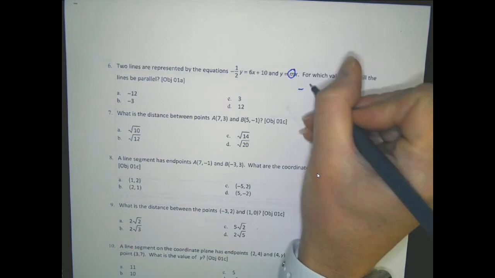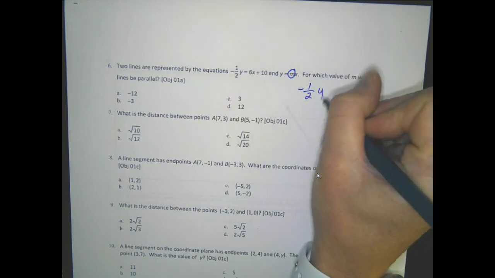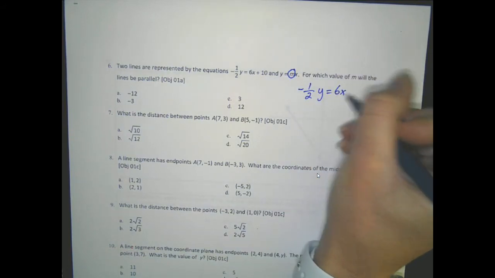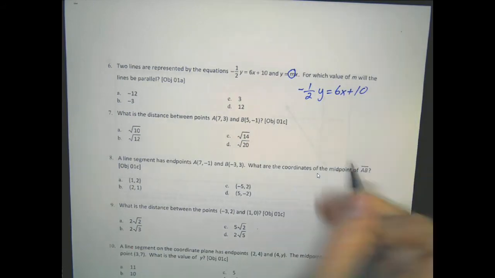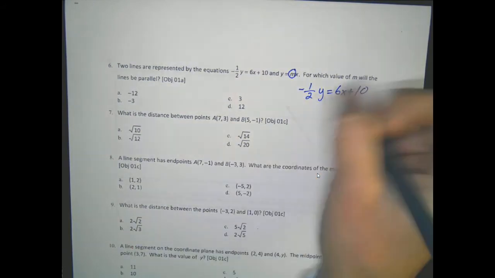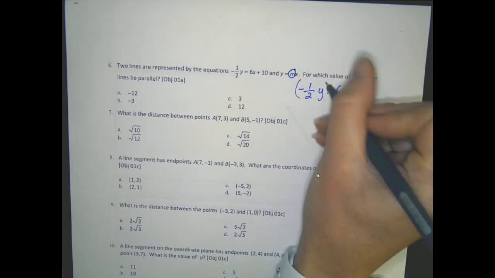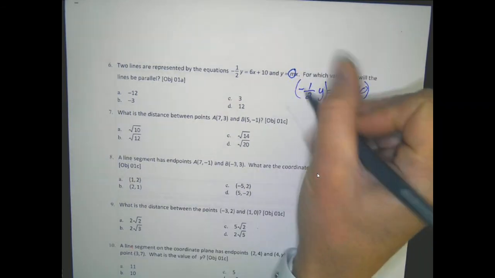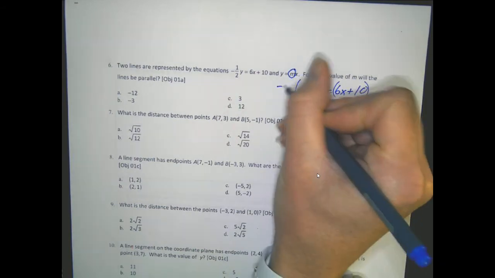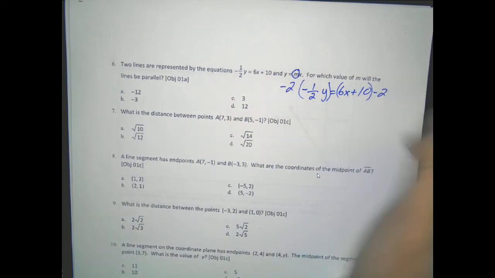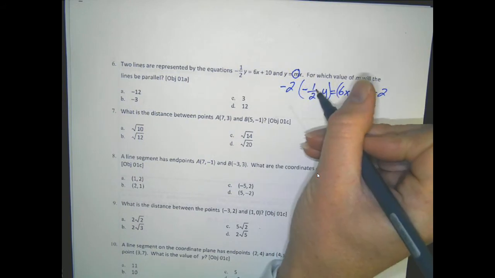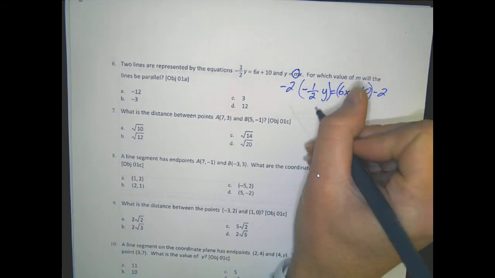The line that I'm given is negative 1/2 y is equal to 6x plus 10. I want to get rid of my fraction here, so I'm going to multiply each side of my equation by the reciprocal, which is going to be negative 2. Negative 2 times negative 1/2 is just 1.